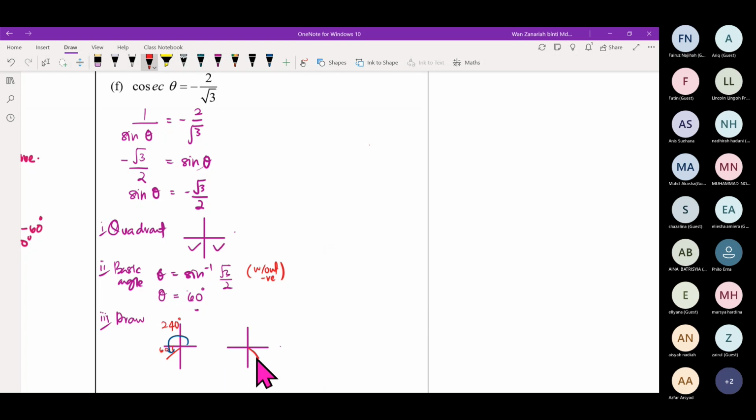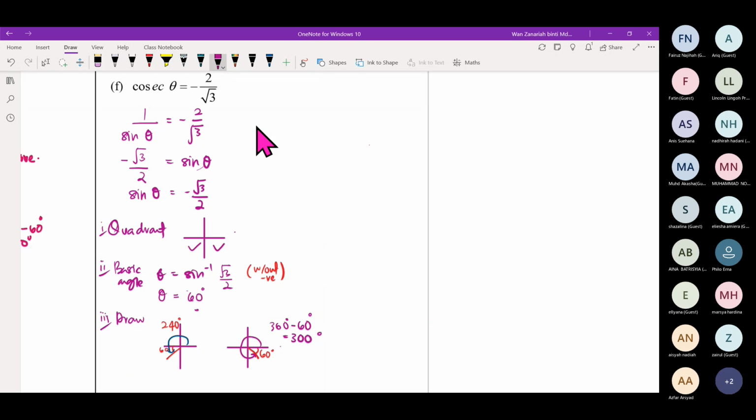At the fourth quadrant, where is the basic angle 60? There. But the angle we want is from 0 until the fourth quadrant. So how do you get that? 360 minus 60 degrees. The answer is 300.